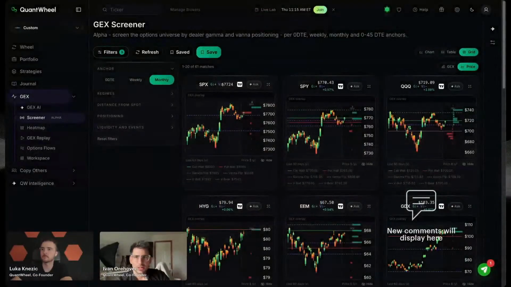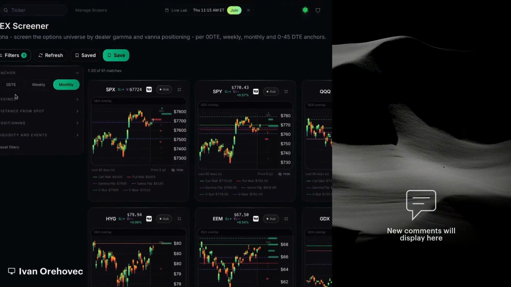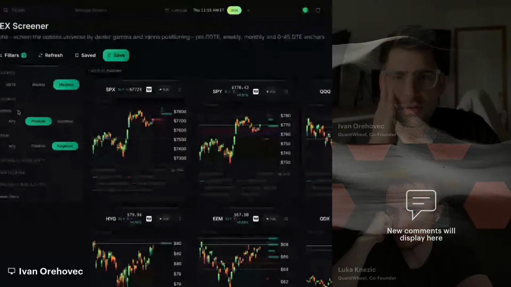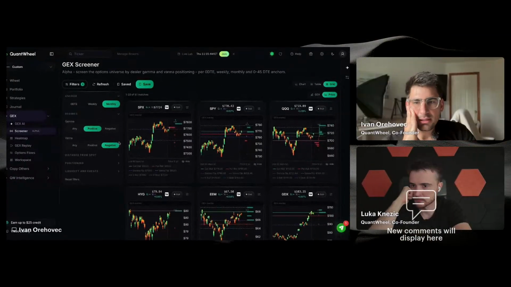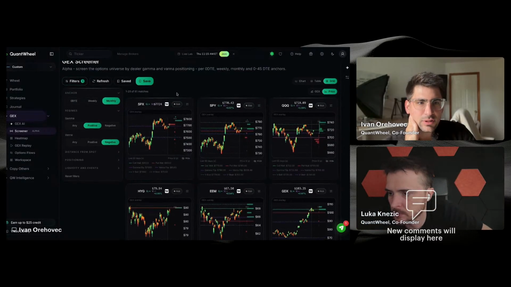Let's just do the screener that many people are loving, where basically you can search for all the stocks that are in positive gamma and they have negative vanna nodes, which is good for cash secured put selling, and it's sorted by volume.